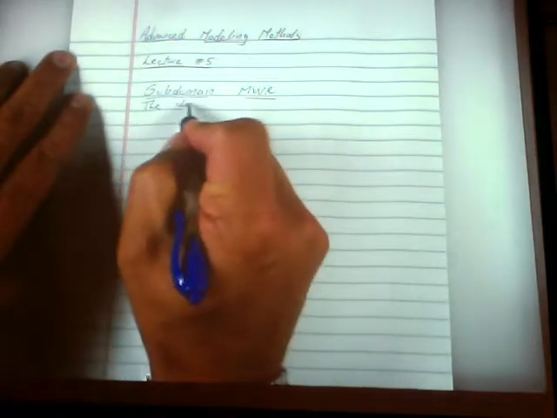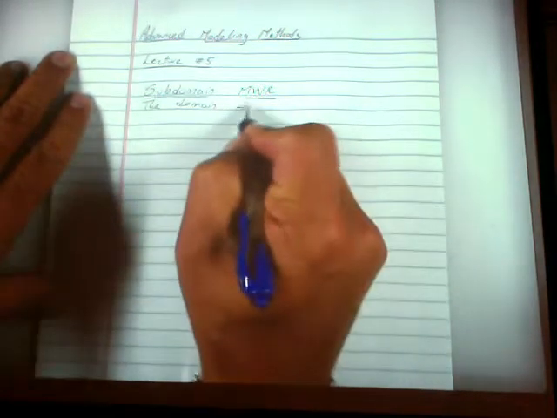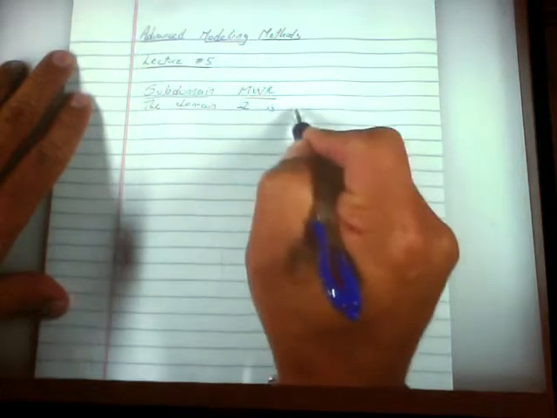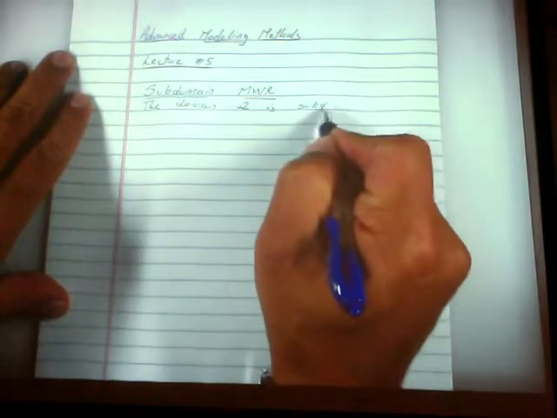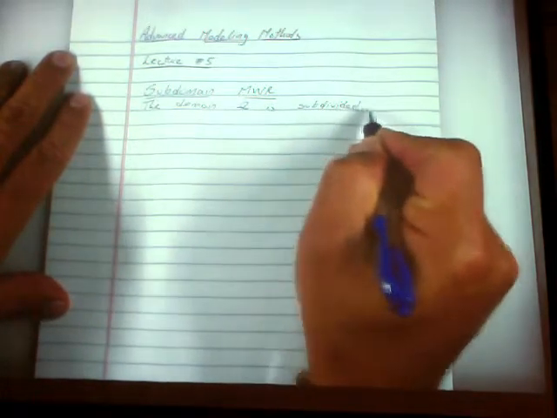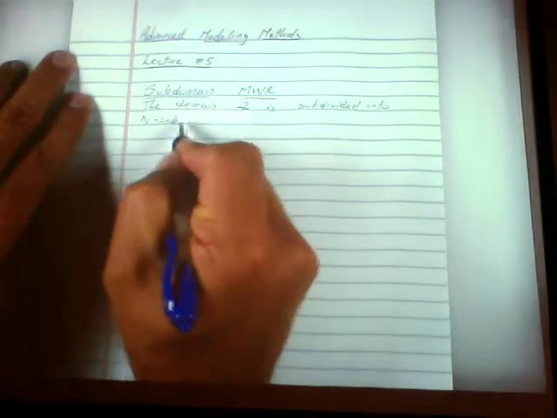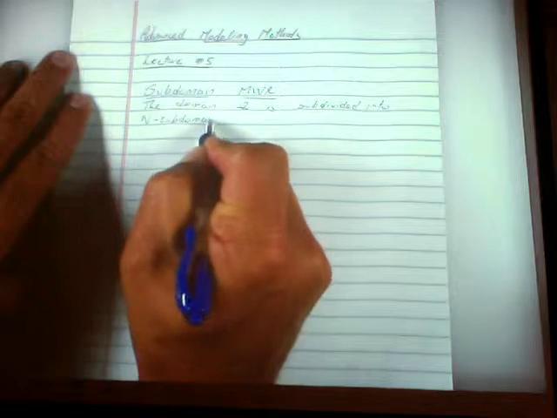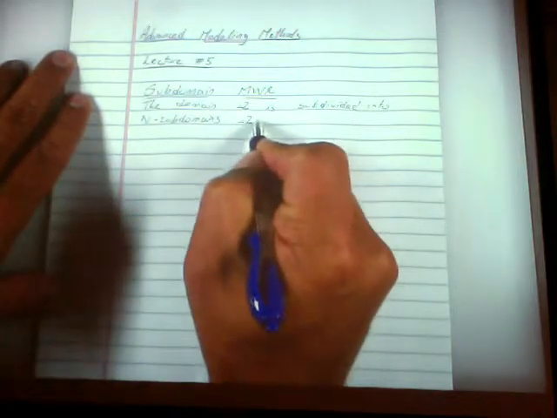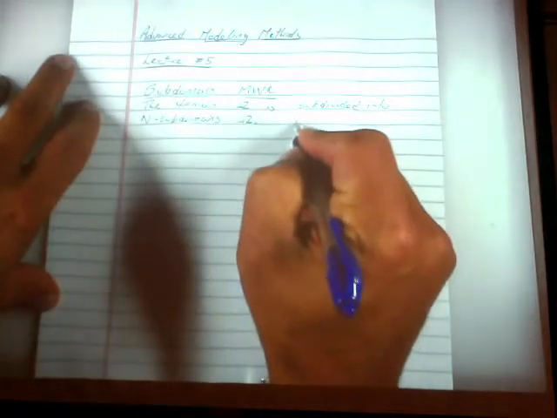So in this case, the domain omega is subdivided into n subdomains, omega I, going from 1 through n.